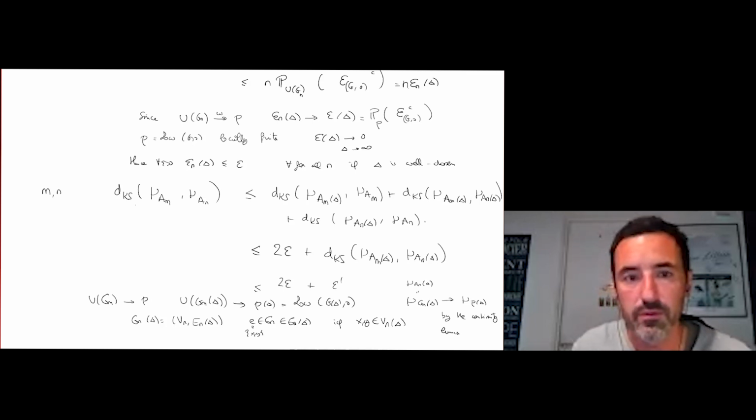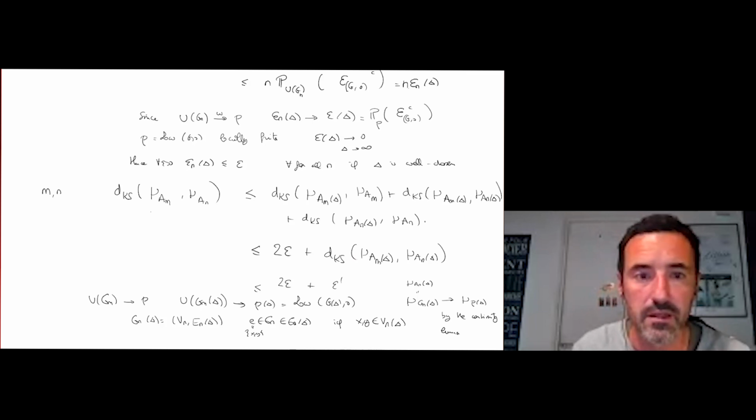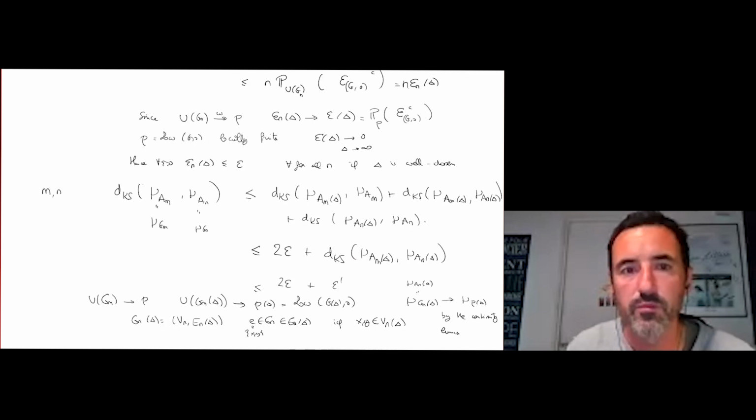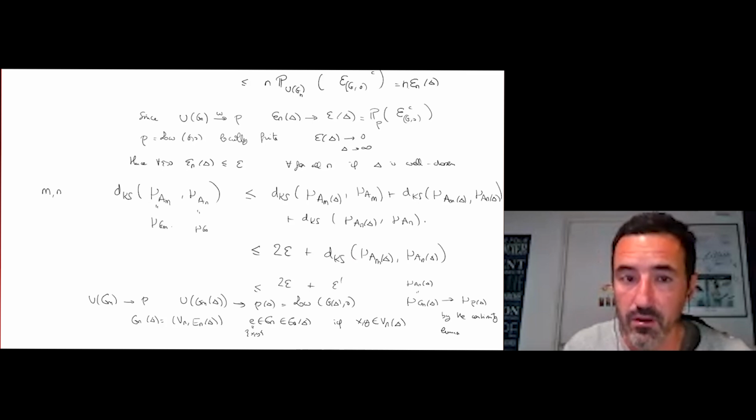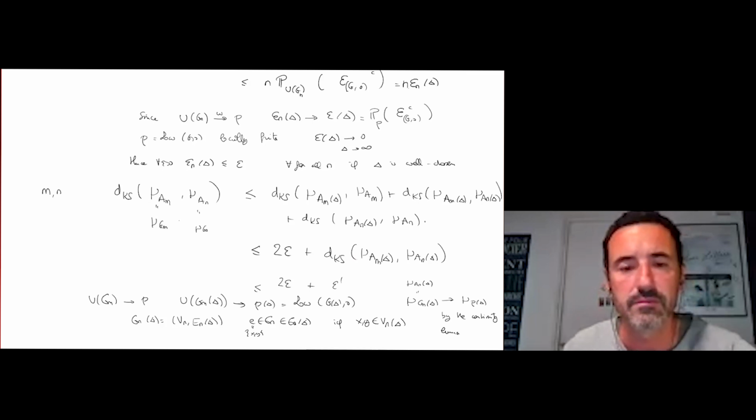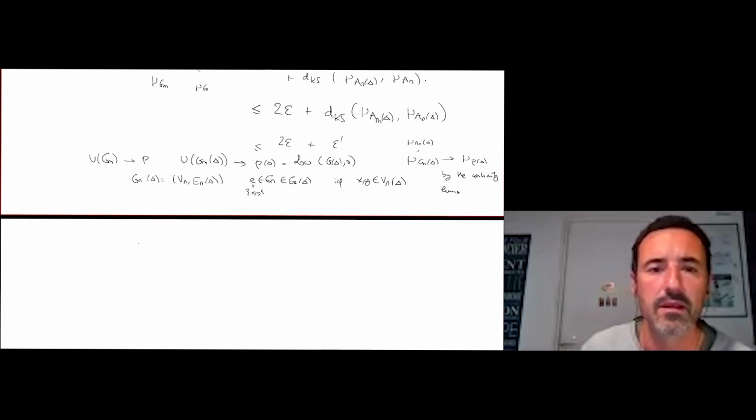So these two converge to the same object, so they form a Cauchy sequence. And so you have proved that the spectral measures form a Cauchy sequence. Thus, μ of G_n is a Cauchy sequence.